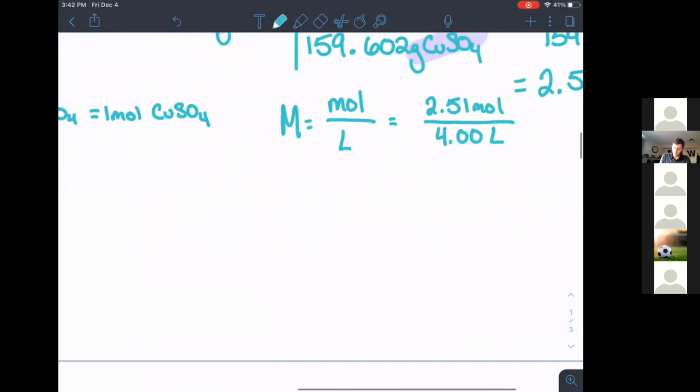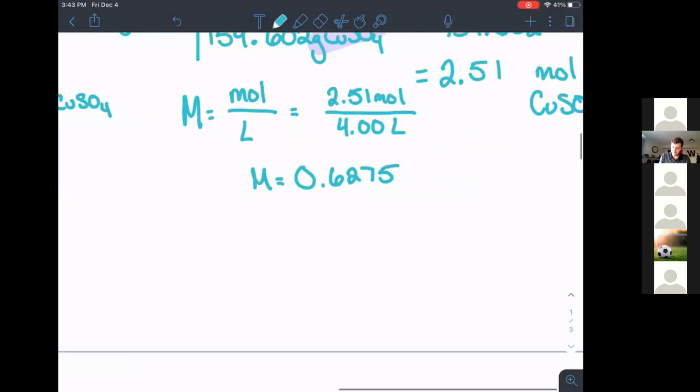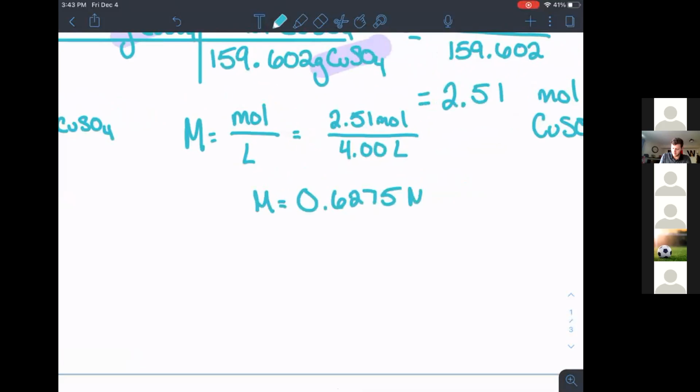And what do we get for our molarity when we do that division? 0.6275. All right, and if we put that in significant figures, how many significant figures do we need? 3. So let's change that to 0.628. And then put the units of molarity with a capital M, and we are done.